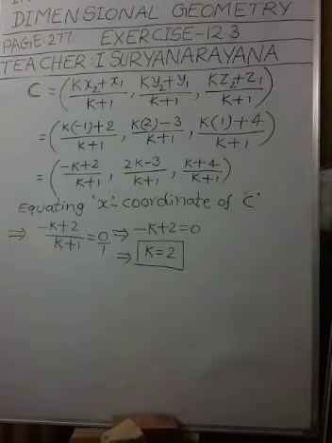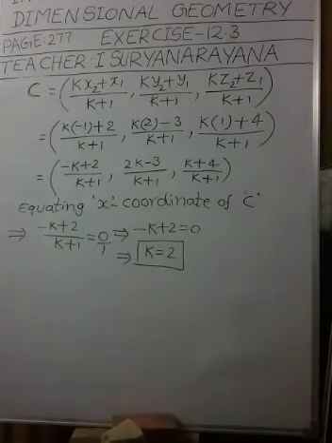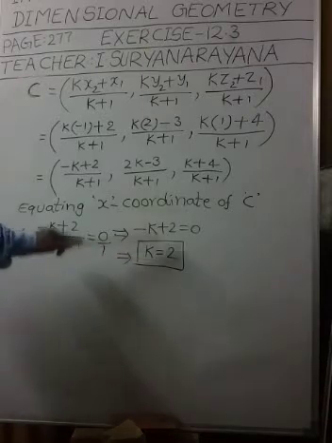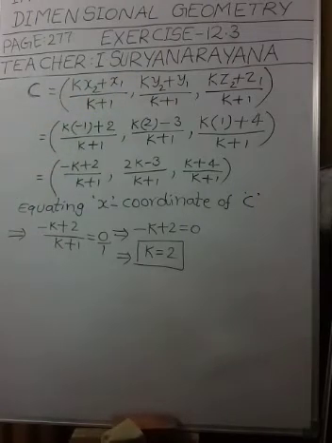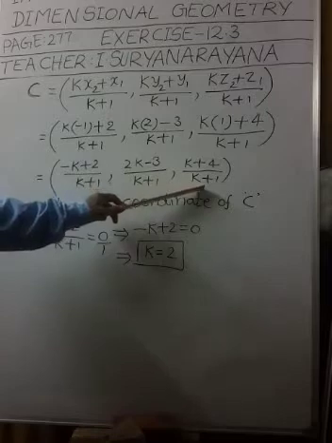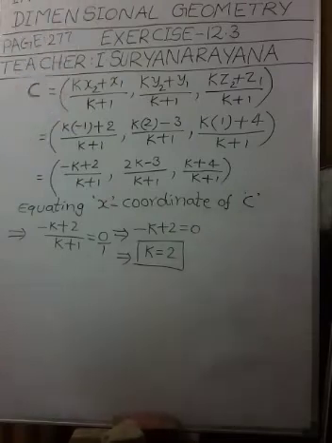Now let us examine whether, for this value of k, the point coincides with the original point C. So let us substitute this k value in the y coordinate, to see whether we get the same y coordinate given in the question. Similarly, we substitute the k value in the z coordinate, to see whether we get the same z coordinate which was given in the question.